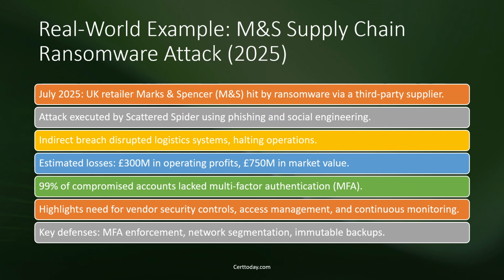For example, implementing MFA across supplier accounts, enforcing network segmentation to limit lateral movement, and maintaining immutable backups could have mitigated the impact. This case illustrates how a single supplier vulnerability can cascade into severe operational, financial, and reputational damage for a major organization.